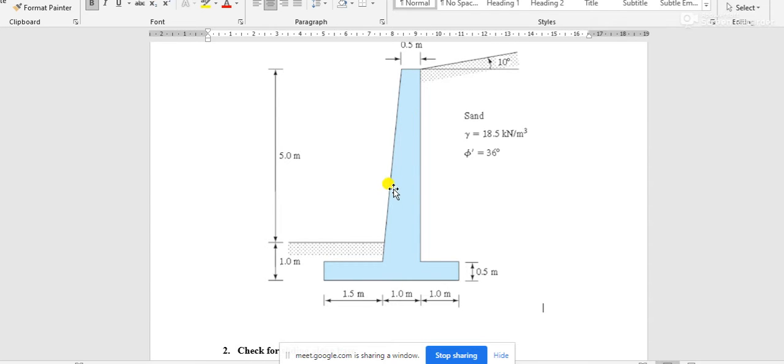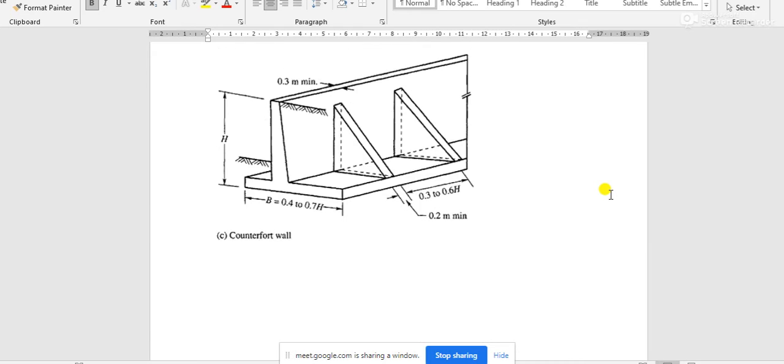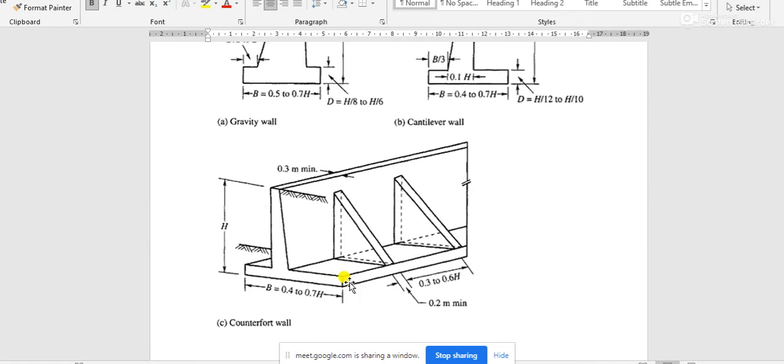Volume can be calculated by multiplying area with the length, that dimension which is perpendicular to the screen. That means in the previous figure, this is the length. If the area of this cross section is A, then you have to multiply this A with L.